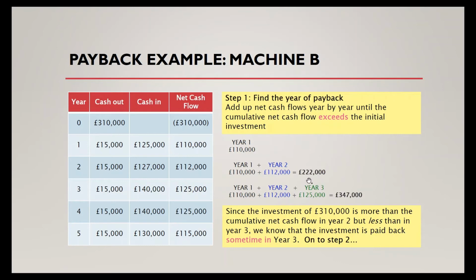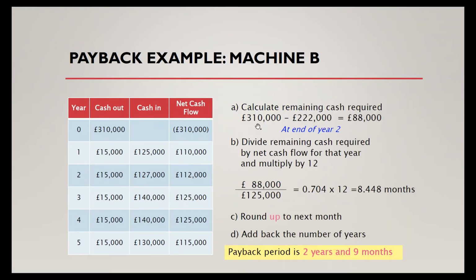Please remember the total net cash flow for year 2 is £222,000. Since we know the initial investment is £310,000, and a while ago we saw that the total net cash flow of the third year is bigger than 310, we subtract the second year total cash flow from this, and this will give us £88,000.